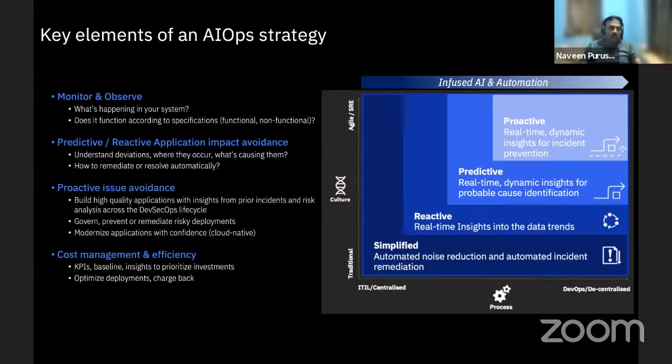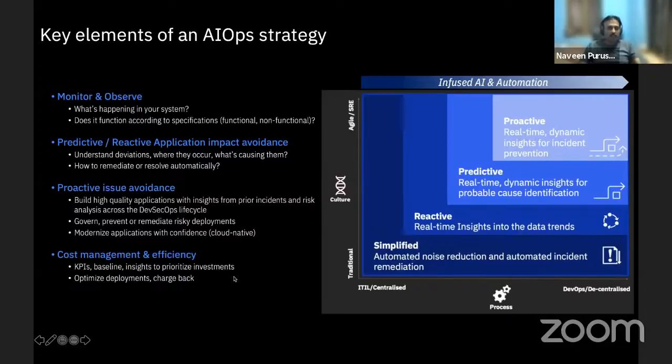Or it could even say that based on the data I see from the monitoring system, there is a likelihood of an issue occurring in the next 10 days. It could be a linear analysis, for example, right? And proactive issue avoidance leverages this prediction, and depending on whether that prediction is positive or negative, it will give the steps to either achieve that positive outcome or prevent that negative outcome.